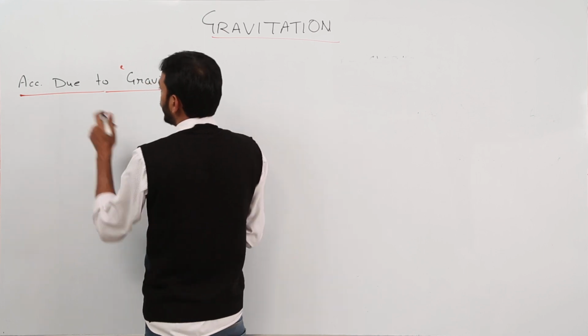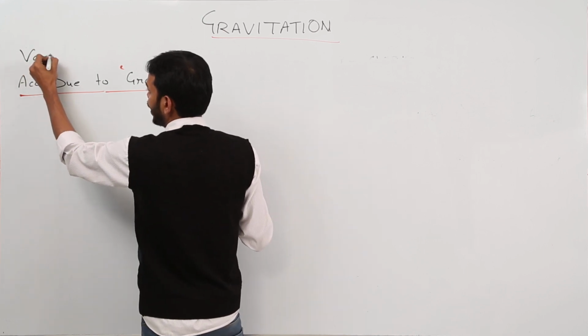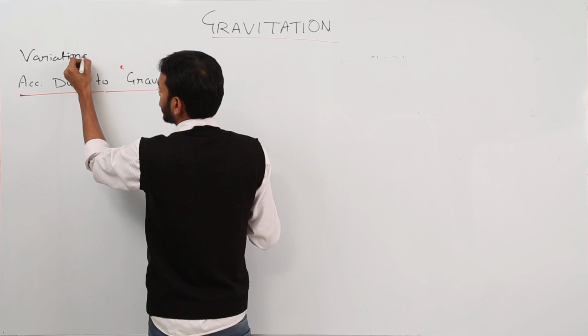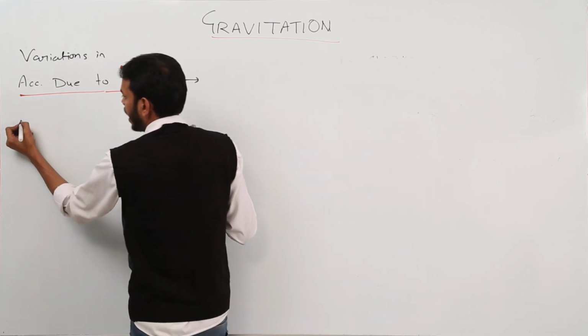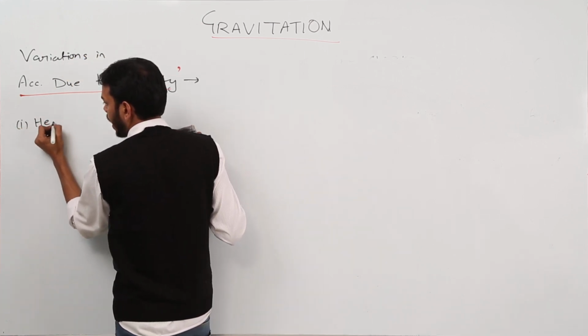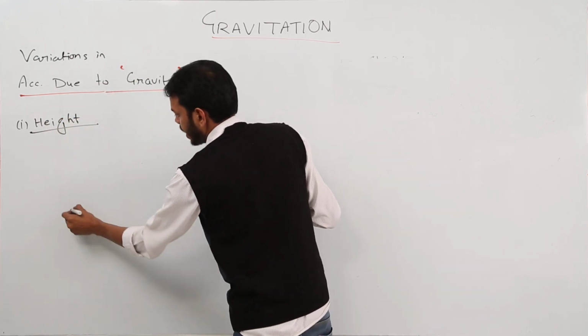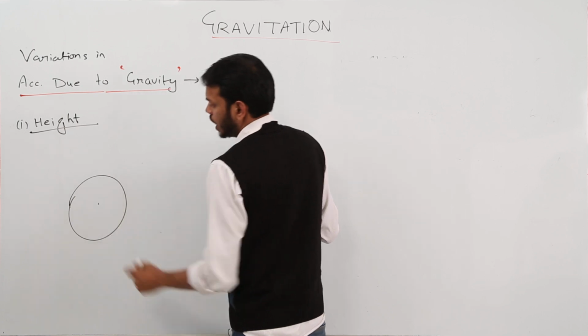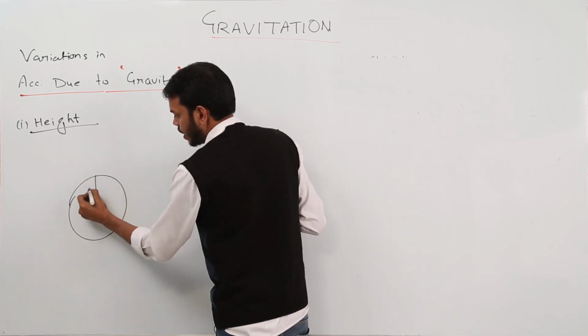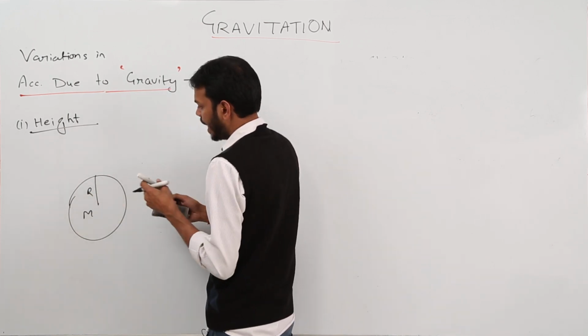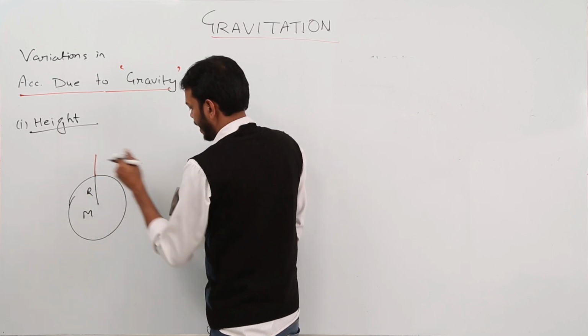First of all, what we are doing right now is variations in acceleration due to gravity, and we'll first start with height. So for this, we are considering that the object which was initially at distance r is now kept at height h.